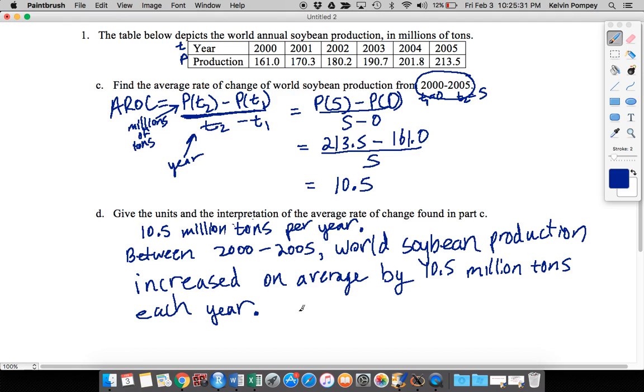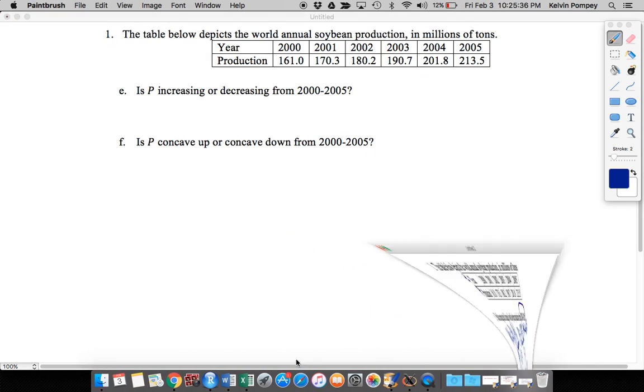All right, and that will be our interpretation of that average rate of change.